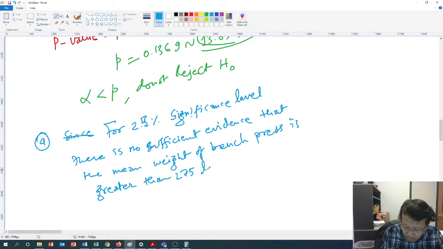So we do not reject the null hypothesis. It means there is no sufficient evidence that the mean weight of bench press is greater than 275 pounds.